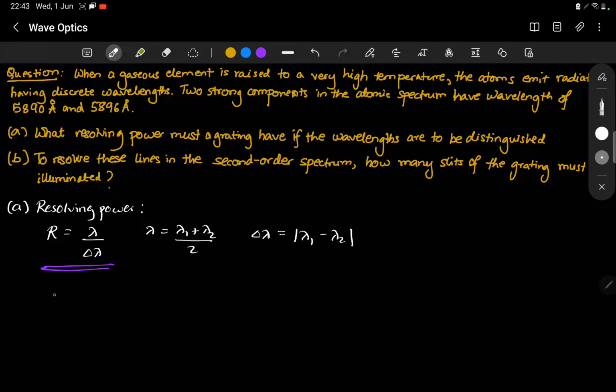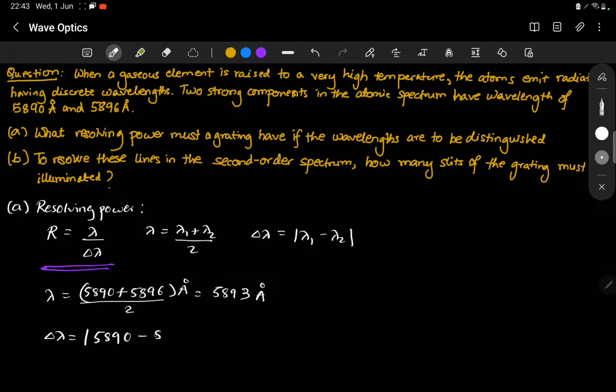So in our case, lambda is (5890 plus 5896) by 2 angstroms, which is 5893 angstroms, and delta lambda is 5896 minus 5890 angstroms, which is 6 angstroms.